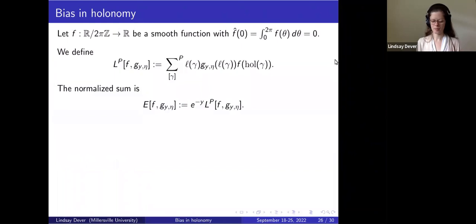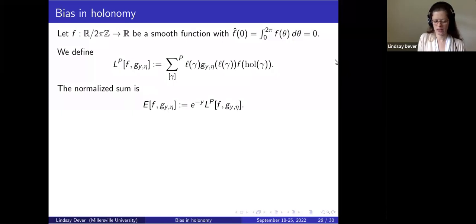Okay, so I have a more general version of this problem where, instead of just sampling with cosine for left versus right, we can sample with any smooth function f on the holonomy that averages to 0. So we can measure bias towards or away from any part of the circle.